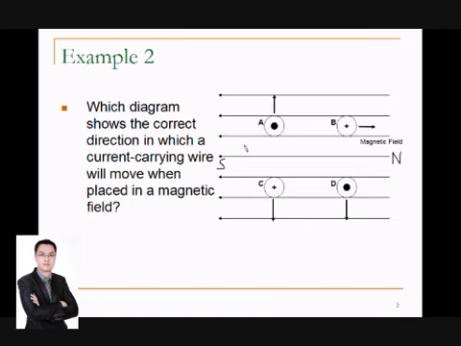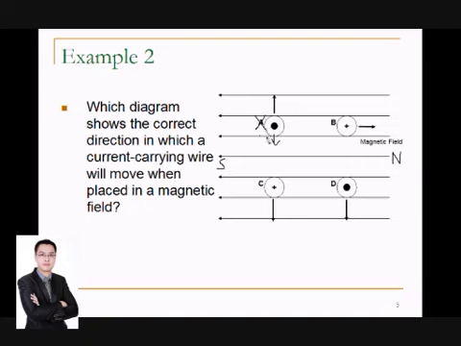Now let's consider option A. For option A, you see a circle with a dot in the middle. This simply means that the current is pointing out of the page towards you. So if you use Fleming's left-hand rule, FBI, your B is pointing from right to left, your I is pointing upwards. Look, what happened is that the force is going down, not up.